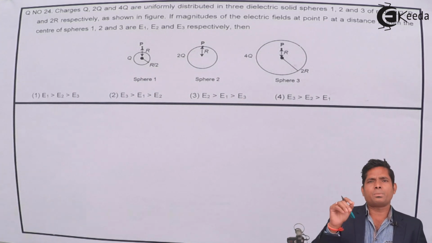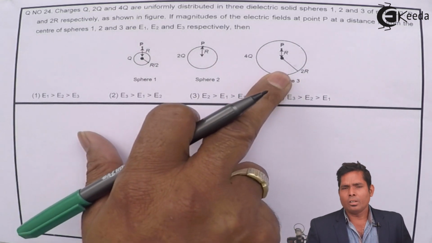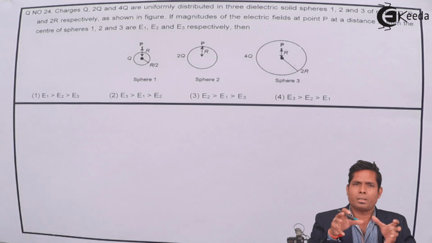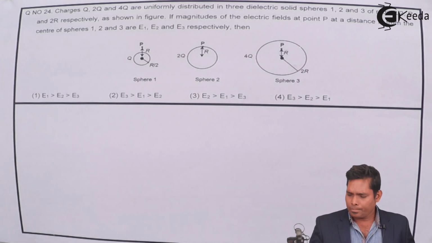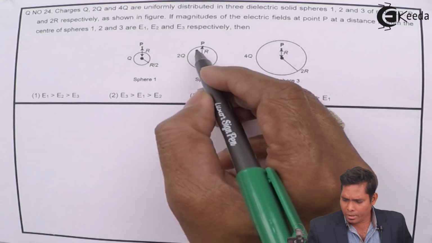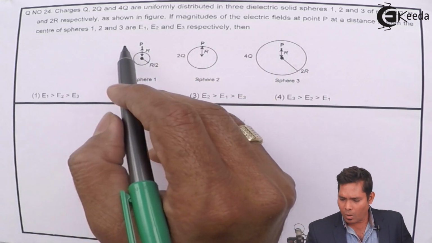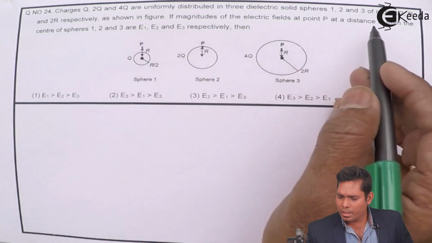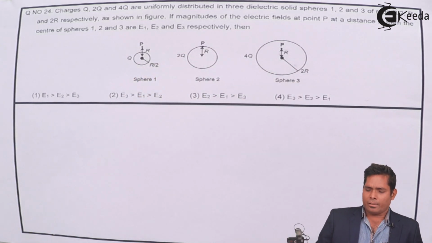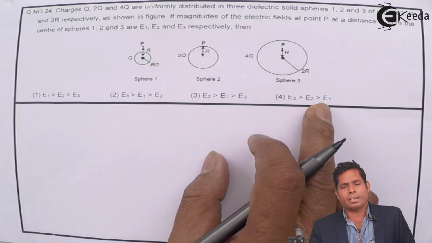For the second sphere it is a point on the surface, and for the third sphere, whose radius is 2r, point P lies inside because that distance is r. These electric fields are E1, E2 and E3 respectively. Then you have to find which relation is correct.